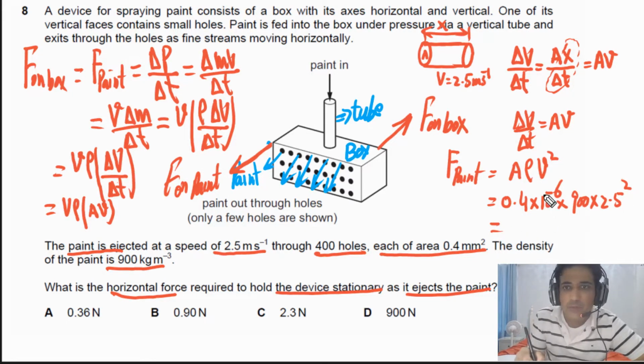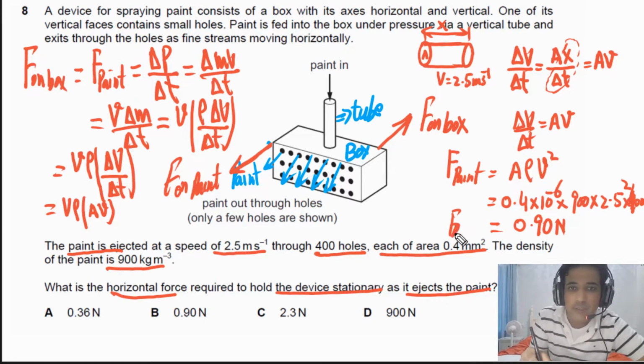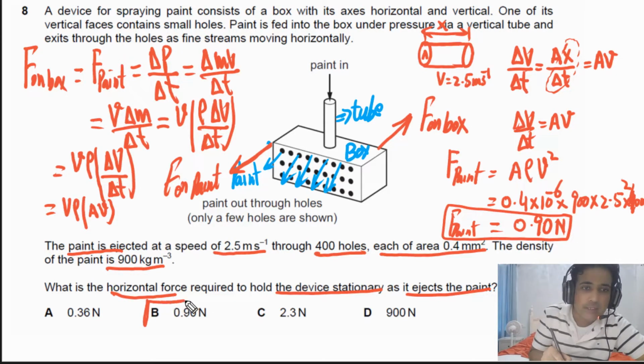Now if we multiply this one, we can find out force on paint, that will be equal to 0.90 newtons. But one thing we are missing, we have to multiply with 400 as well, because we have 400 holes. So the final answer, if you multiply this one, you will get is equal to 0.90 newtons. So the final answer for this question is B.